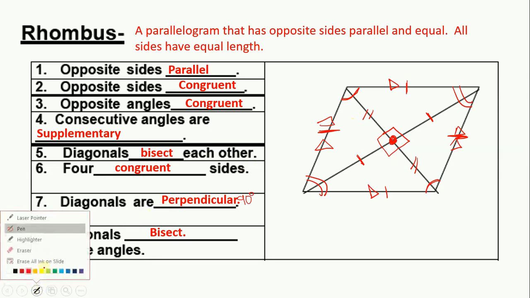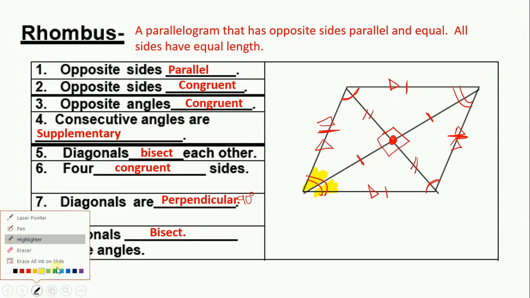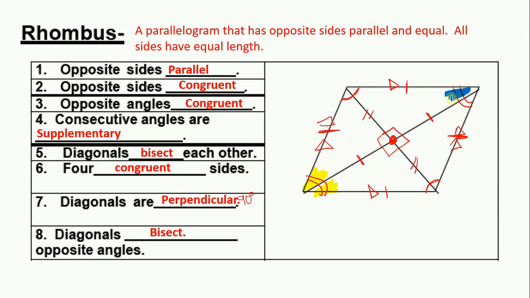What does it mean to bisect? Well, what that means is that this little piece right here is congruent to this piece right here. They cut it perfectly in half. Same thing at each angle. This piece is congruent to that piece.